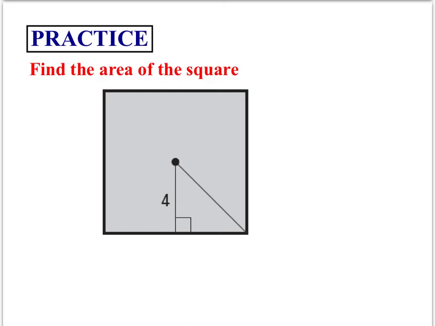Okay, so let's find the area of the square. So to find the area of the square, we're going to use our equation. Area equals 1/2 the apothem times the perimeter. So we know that the apothem is the length of this right here.